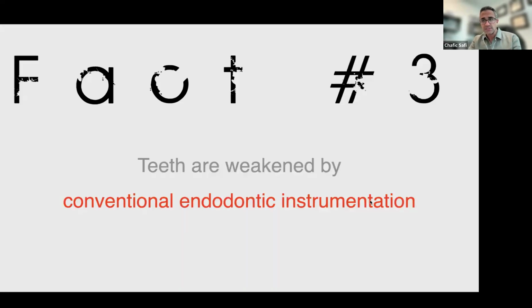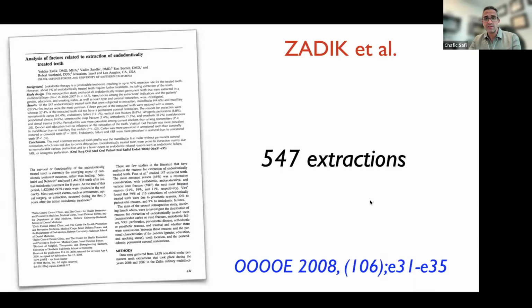The third challenge, or the third fact that I want to share with you today, is that our teeth are weakened by our current or conventional endodontic instrumentation. And this comes from the fact that a lot of studies have been done in order to see what are the causes of endodontically treated teeth that have been extracted.